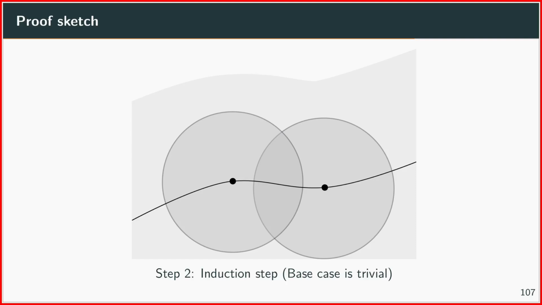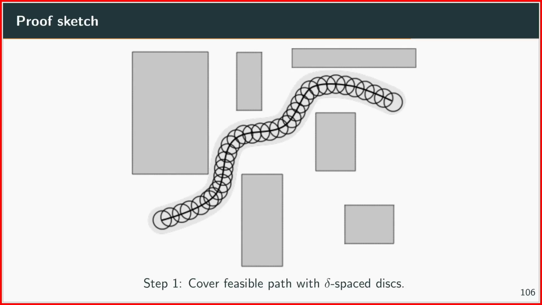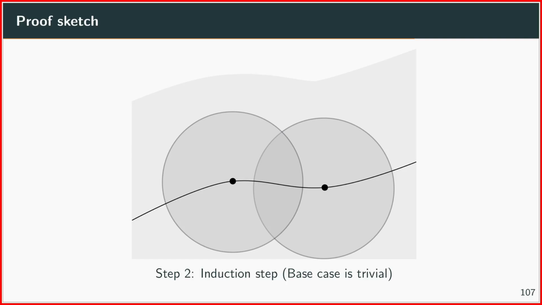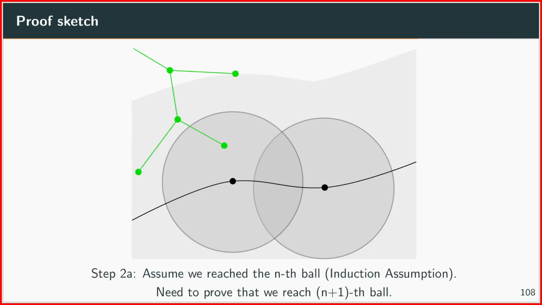For induction, you have to reach the first disk or ball in your sequence, and this base case is trivial because you are starting at your start configuration, which is always part of your tree already. What is not trivial is to show that if you reach ball number n, then by induction you can reach ball n+1, and this is something which we need to prove.